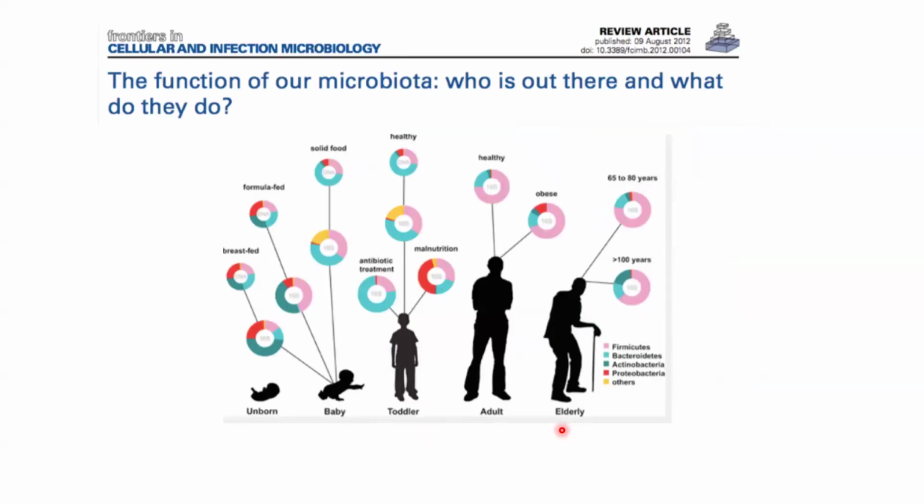Different age categories, 5 age categories, birth to old age. Unborn, you take that out, and then for the microbiota you have, say, breastfed, formula fed, and solid food, right? And for a toddler, antibiotic treatment, healthy.